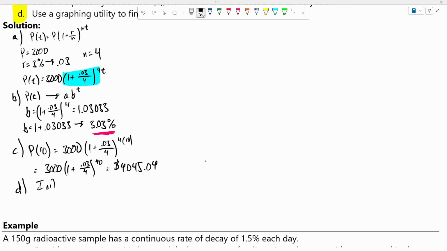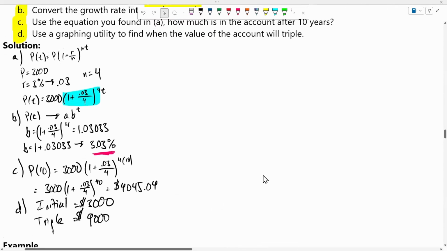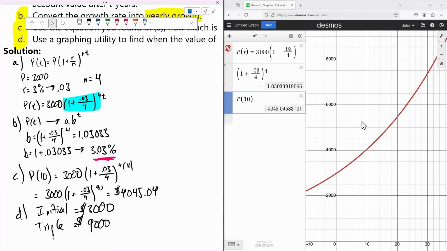Initial is 3,000, right? Triple should be 9,000. So I want my Y value for this thing to be $9,000. Okay. Grab that, put that there.